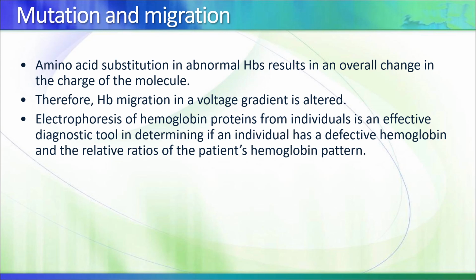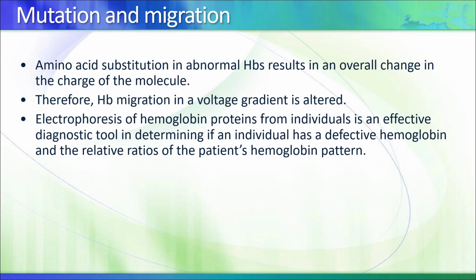This is particularly true if the amino acid that is changed or that is added would change the net charge of the molecule. So changing glutamate, a negatively charged amino acid, to a valine or to a lysine would change the overall charge of the whole molecule.